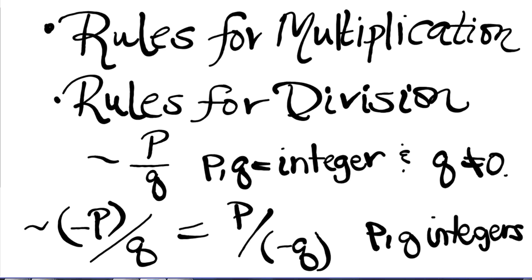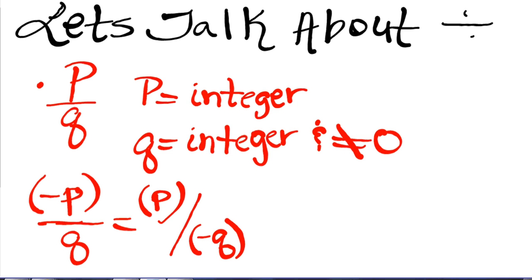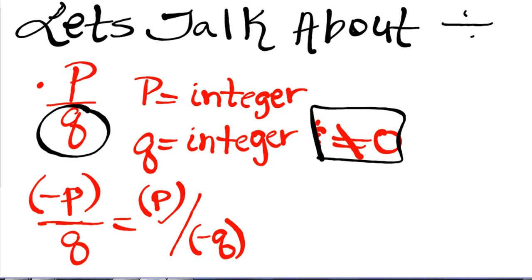All right, so let's get started with a short talk about division. Here are two things that I need you all to understand about division. As long as I'm dividing two integers, my divisor cannot equal 0.